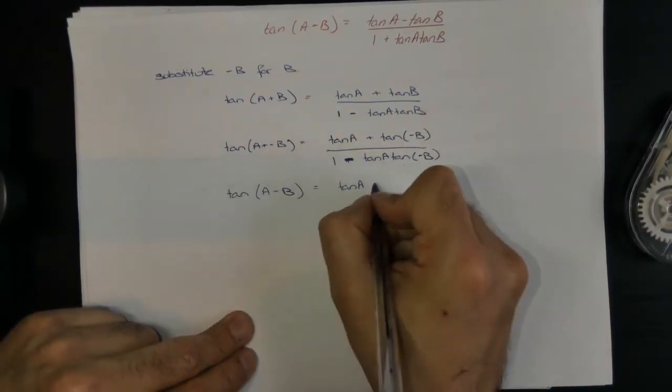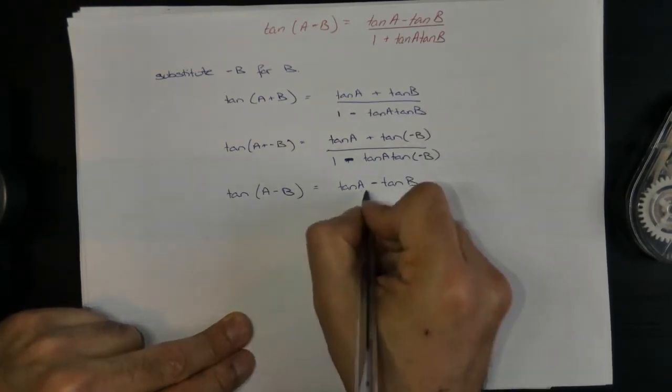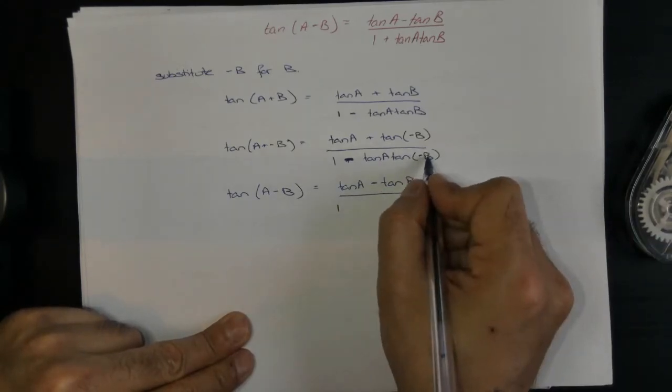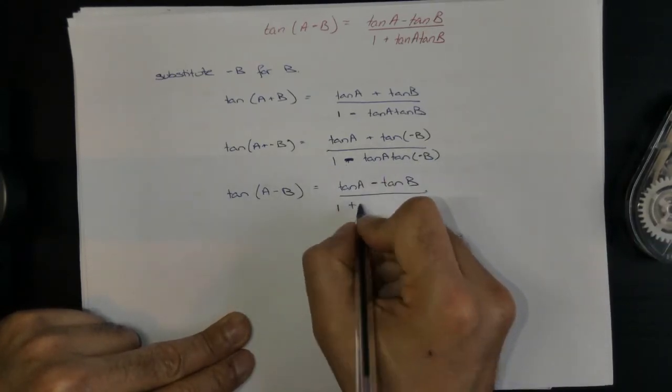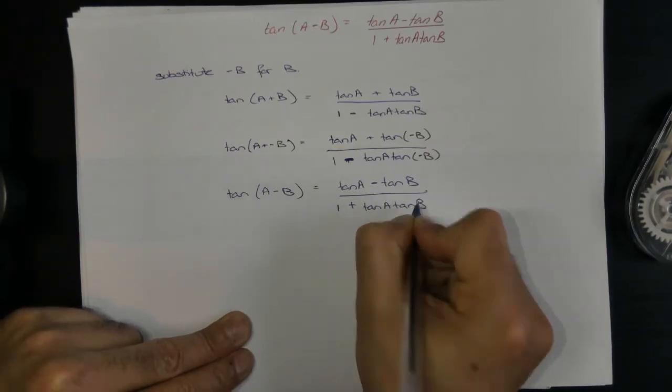Tan of negative B is negative tan B. And two negatives become a positive: tan A tan B.